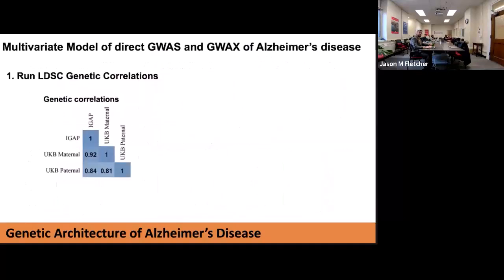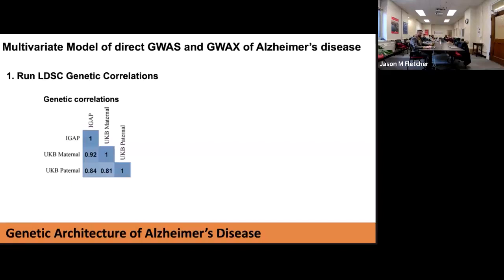So we then went to apply our model to empirical data, using summary statistics from direct case control GWAS of Alzheimer's disease in the International Genetics of Alzheimer's Disease Project and GWAS of maternal and paternal history of disease from UK Biobank.